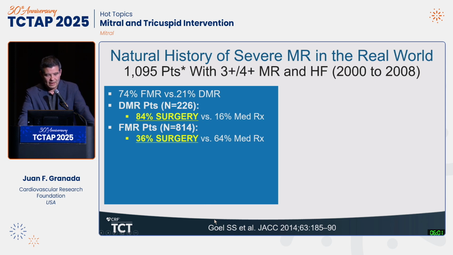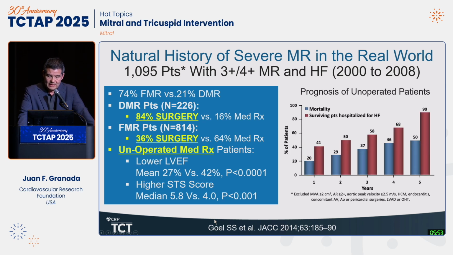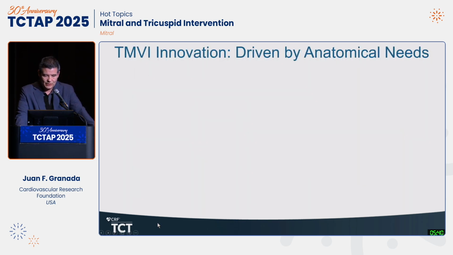Patients with secondary MR, most of them were treated medically. Patients untreated typically had lower EF and higher STS score. And it's interesting to see that when these patients were followed up to 5 years, you can see the high mortality rates and rehospitalization rates. So this is truly an unmet need that needs to be addressed.